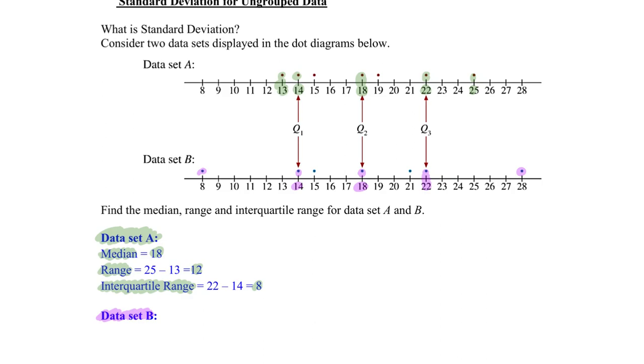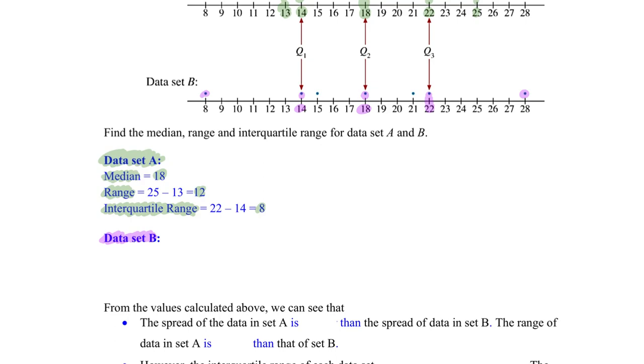So for data set B, the median is 18, same as A. The range is wider, but the interquartile range is also the same.